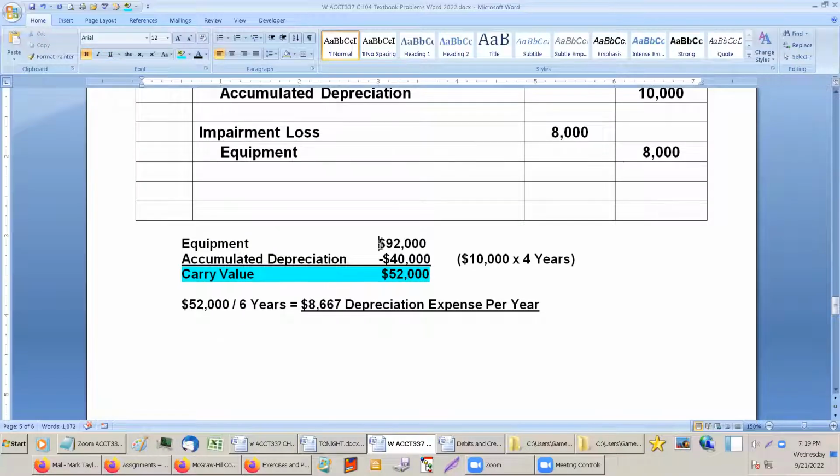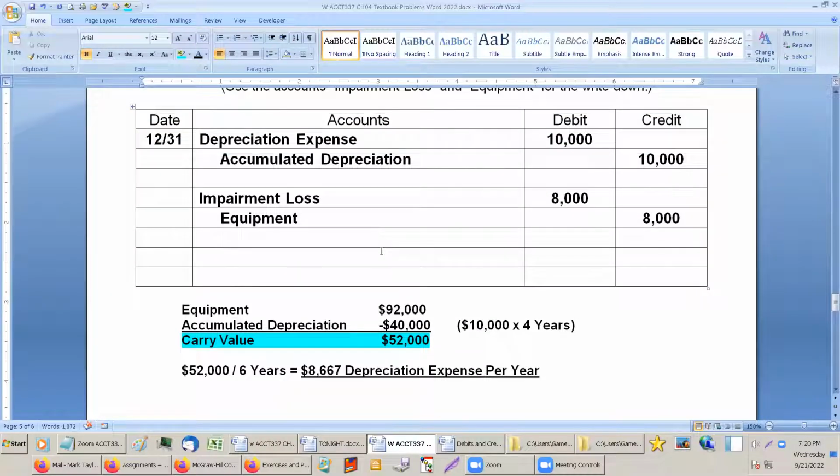And by the way, this is for both international standards and for GAAP. And this is an important thing to know. When you make a revision, either in the value, or the number of years it's going to last, or the salvage value, at the point where you decide it's impaired, you stop at that point and go forward making the changes.